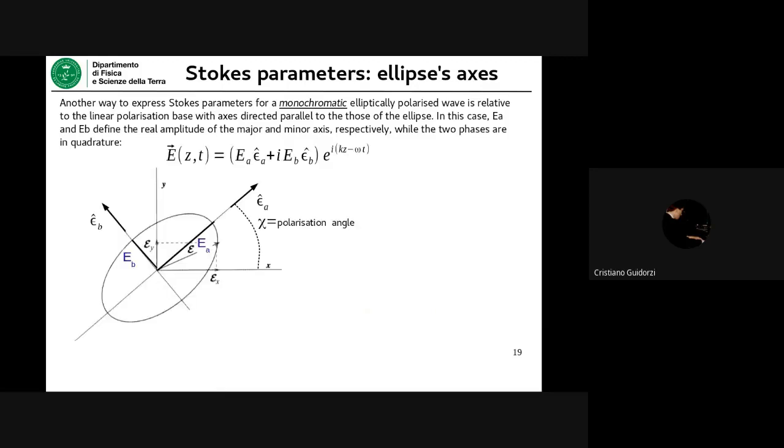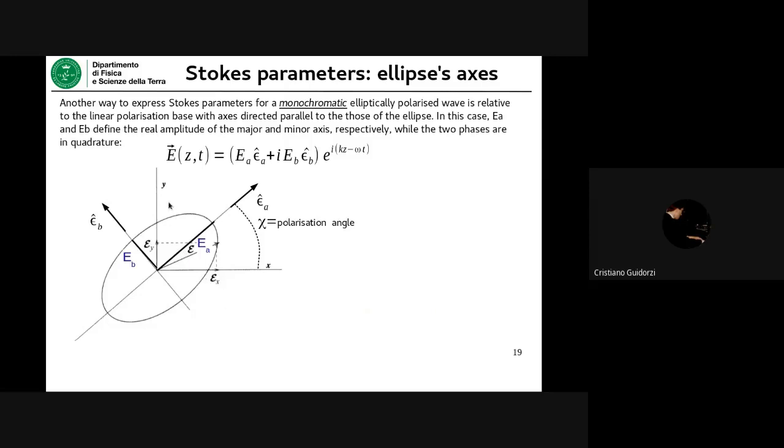Let's imagine that the z-axis is the one here. The wave is propagating along the z-axis. So the electric field just lies on the xy plane. So in the most general case of a monochromatic elliptically polarized wave, the electric field will describe an ellipse lying on the xy plane.